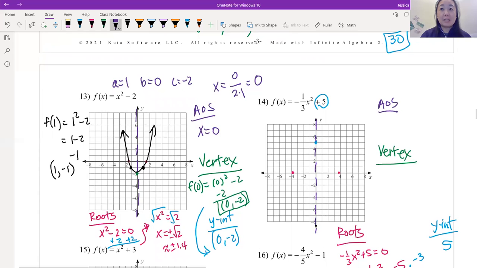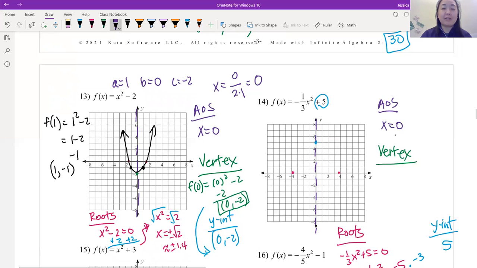Which means this is the vertex, because honestly, there cannot be 2 points on the y-axis, right? So we cannot have one be the vertex and one be the AOS, one be the y-intercept, right? That's not possible. Then it's not a function. That defies all rules of being a function, right? So if you have a point on there already as your y-intercept, and that's where your AOS is, that means that's your vertex.